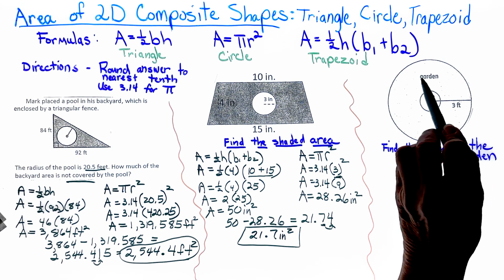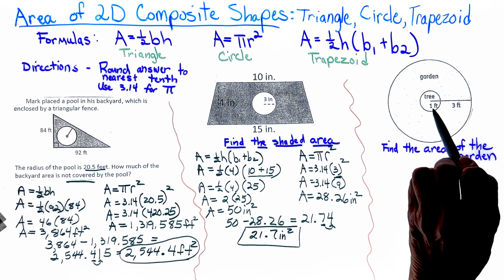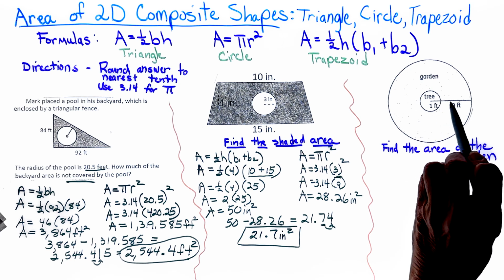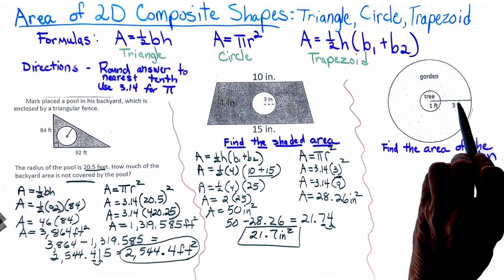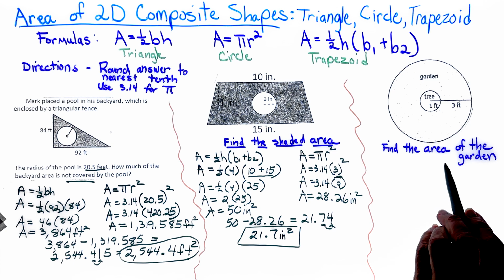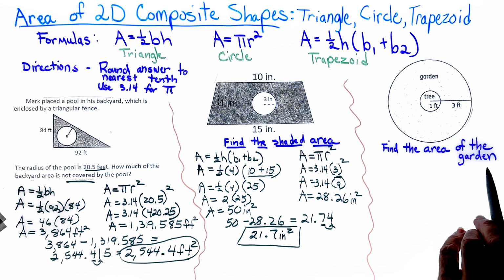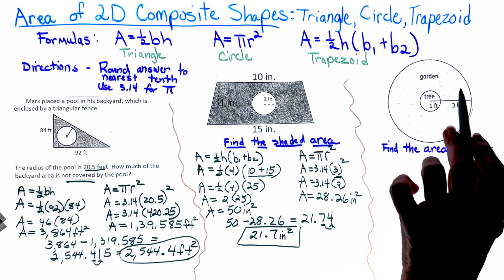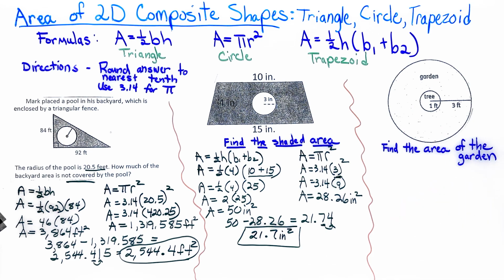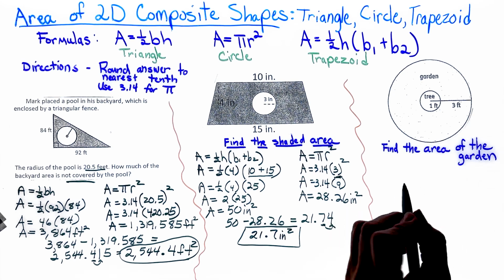The radius of the whole garden is going to be 1 plus this extra 3 that we have there. And we want to find the area of the garden. So it's all the space around the outside of that tree. So we're going to have to use the formula area is equal to pi r squared twice.